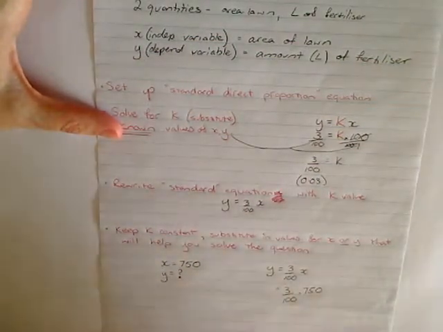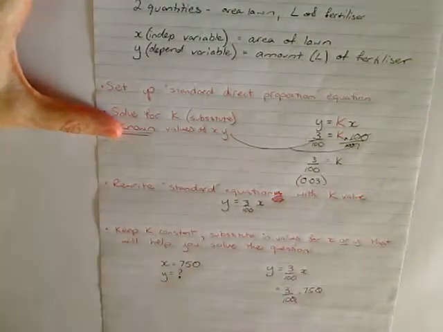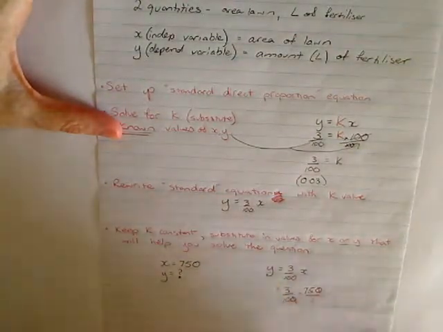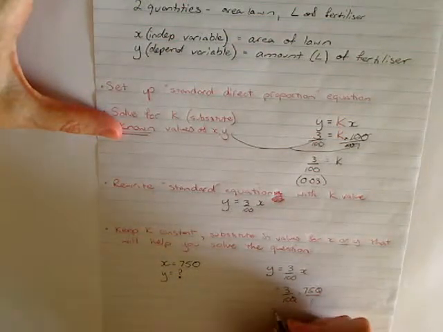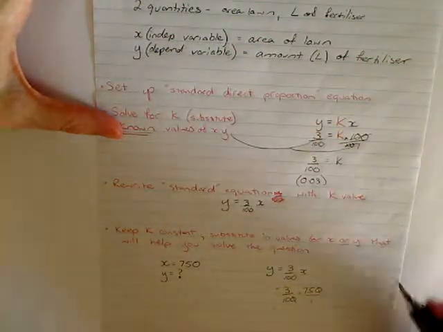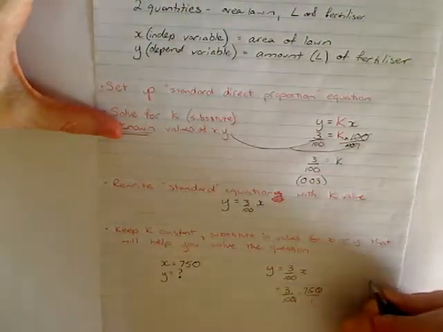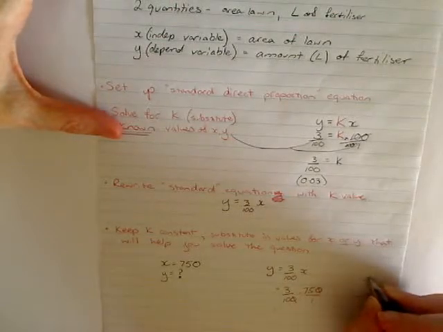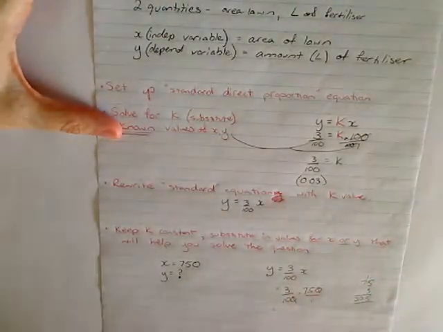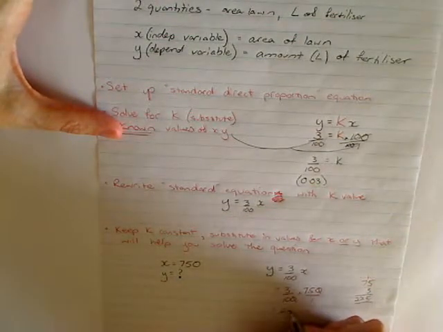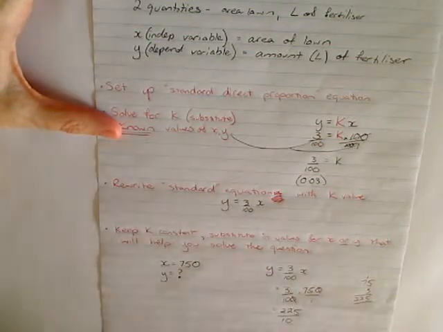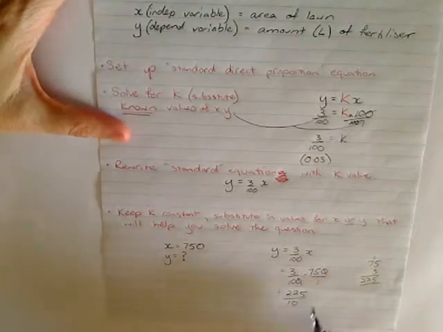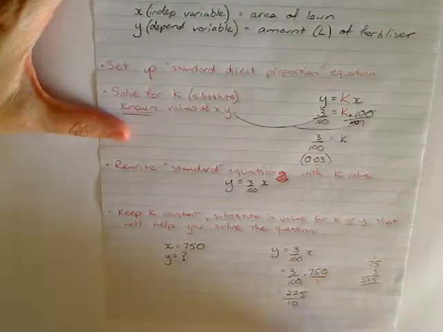I'm going to do a bit of cancelling here. I can divide the numerator and denominator because that's just like a fraction. And then tidy up and let's see what I've got. I've got 3 by 75. Do a little algorithm over here if you need to. 3 5s are 15, 3 7s are 21, and 1 is 22. You can do that kind of thing. So I've got 225 over 10. You can do a division if you need to, 225 divided by 10.